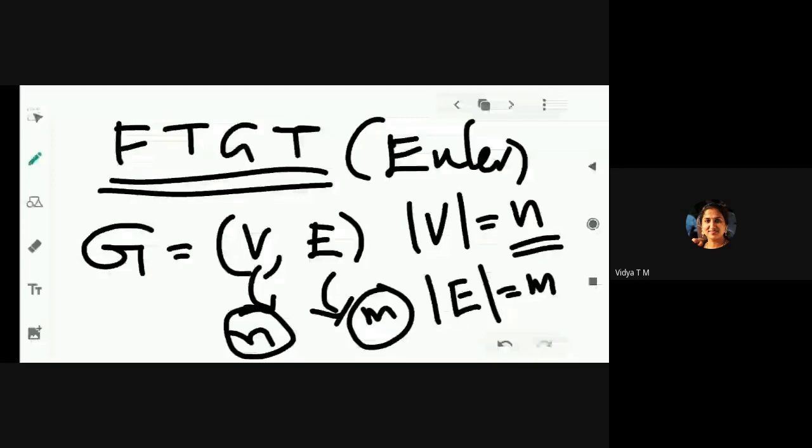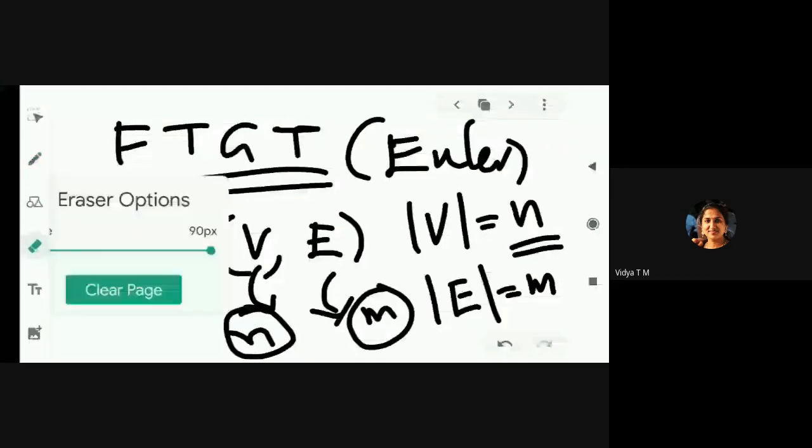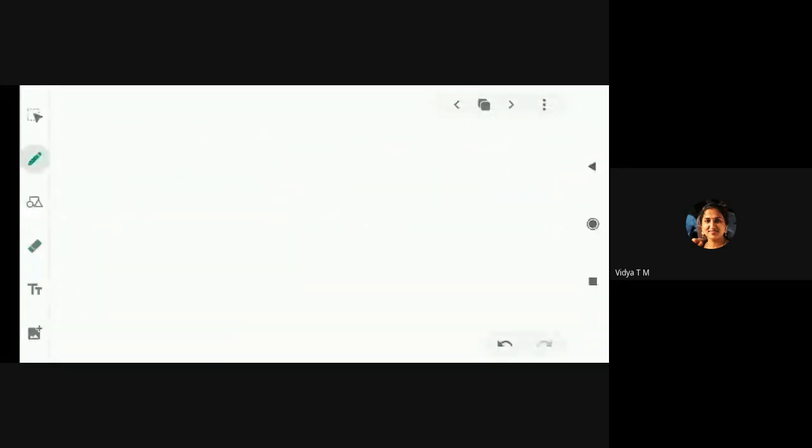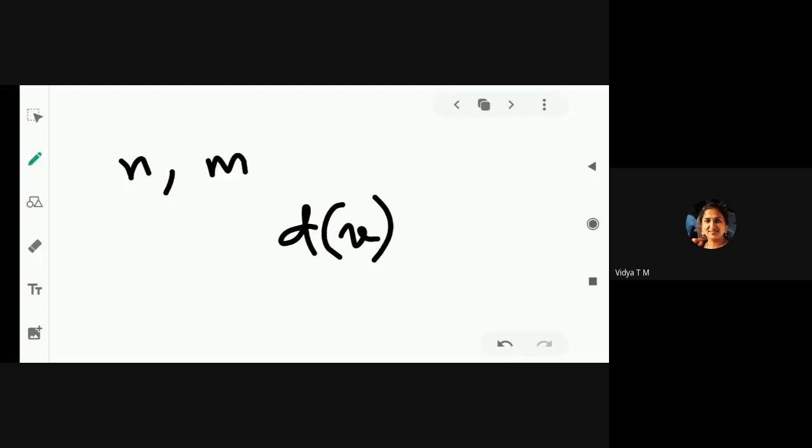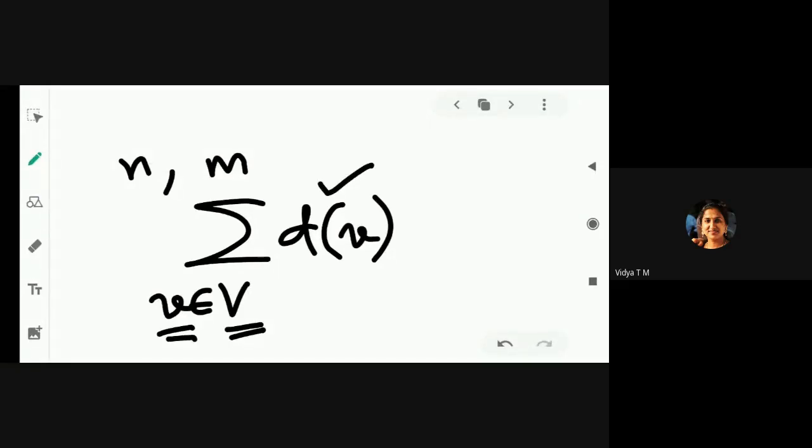So if we have a graph with n vertices and m edges, and we denote the degree of a vertex like this, we just add all the degrees of the vertices. That means you choose any v from the vertex set, calculate its degree, choose another vertex, and go on adding. You see this will be nothing but twice the number of edges.